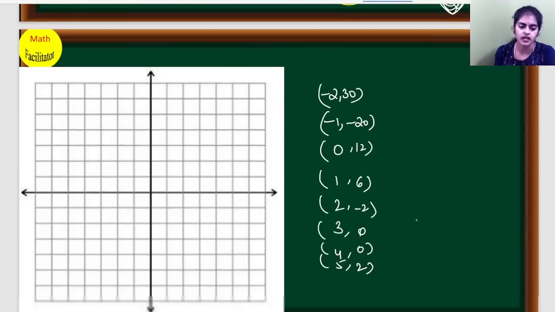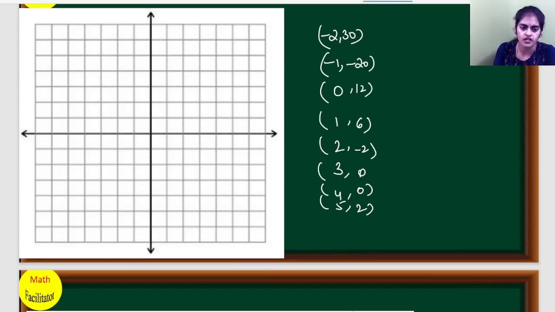Okay, so now let's do it here. So shall we take the scale? Maximum value is 30 on the y axis. Since the maximum is 30, here I have only 7 divisions.